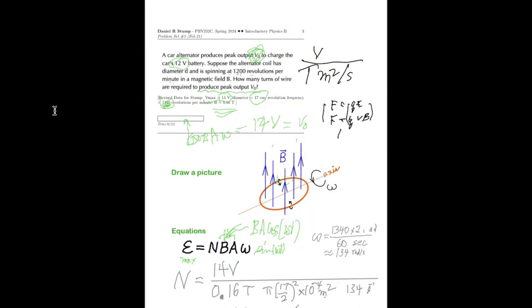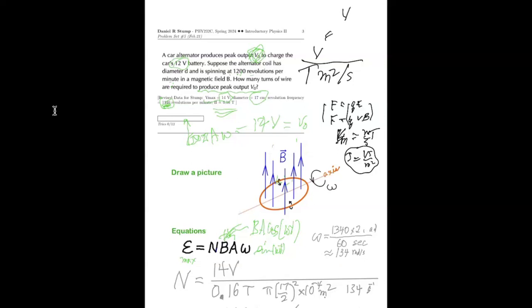So the unit of electric field, that's volts per meter, has to be equal to the unit of V times B, that's meters per second times Tesla. So Tesla, if I multiply both sides of the equation by S and divide by M, Tesla is volt seconds per meter squared. 1 Tesla is 1 volt second per meter squared.